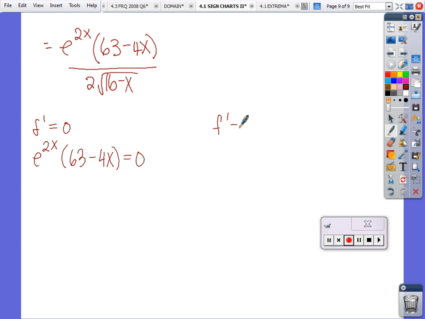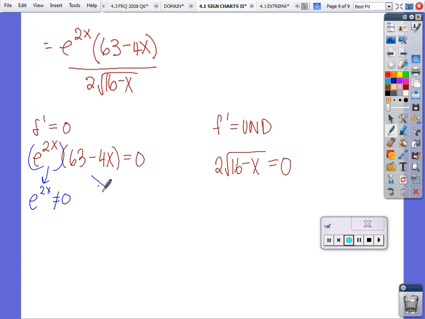And then if I want to set the derivative equal to undefined, I would take the denominator and set it equal to 0. So these are two factors. So I would do e to the 2x equals 0, which it can't. And then I would do 63 minus 4x equals 0. x is equal to 63 over 4, which is really close to 64.